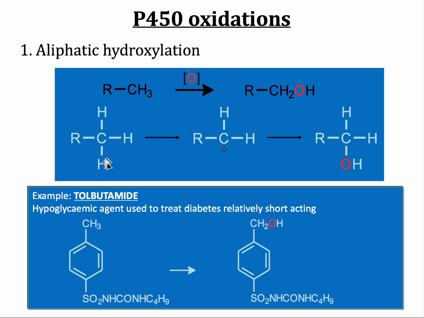Going back to your A-level chemistry, or your GCSE sometimes, but it's mainly A-level, you'll be well aware of this. This is a CH3 bound to an R group, so it's a very long molecule, a side group. And what you're interested in for aliphatic hydroxylation is this CH3 here.